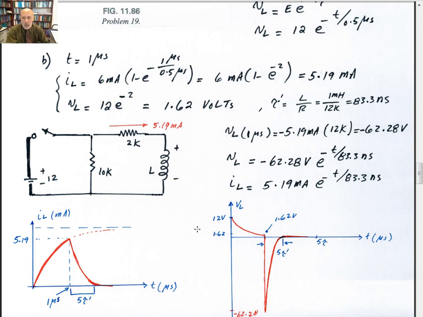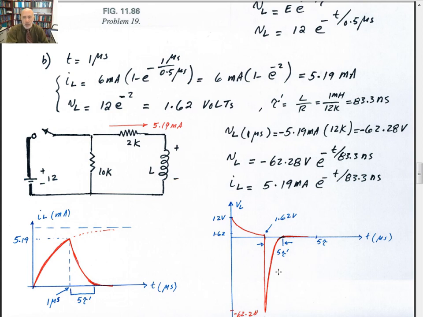At that point, the voltage, which started at 12, is at 1.62 volts. As soon as you open the switch, the voltage across the inductor can change instantly, and we calculated here that, at that moment, the voltage is going to drop down to minus 62.28 volts. A huge voltage there.